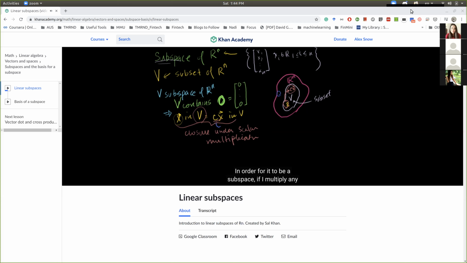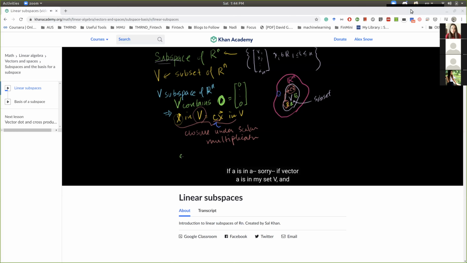And then the other requirement is if I take two vectors in my set, let's say I have vector A in here, and I have vector B in here. This is my other requirement for V being a subspace. If vector A is in my set V, and vector B is in my set V, then if V is a subspace of Rn, that tells me that A plus B must be in V as well.